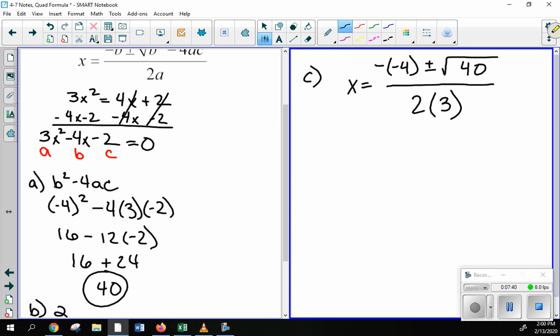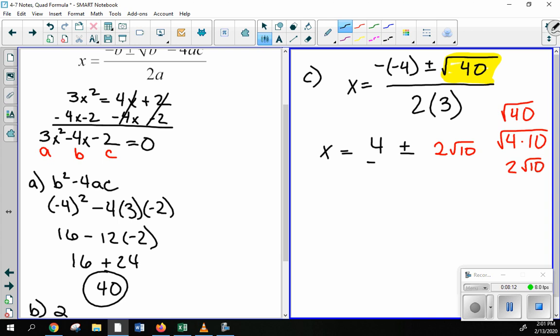So on the side, I want you to simplify that square root of 40, exactly what you did on Tuesday, which gives me 2 square roots of 10. And then replace the square root of 40 with 2 square roots of 10.